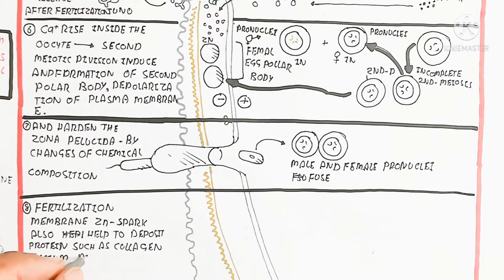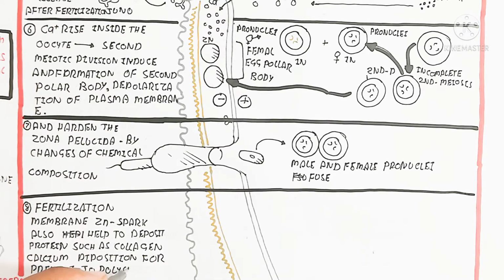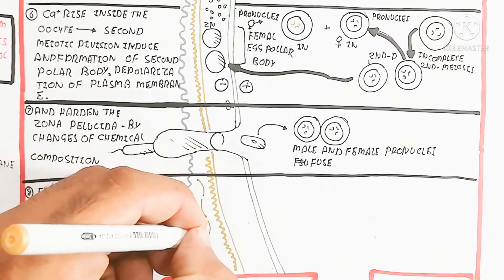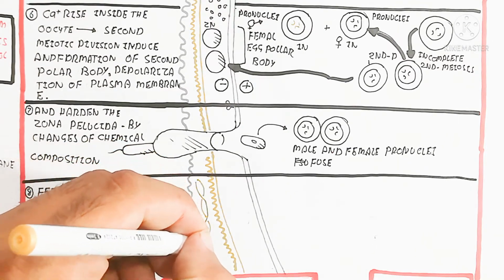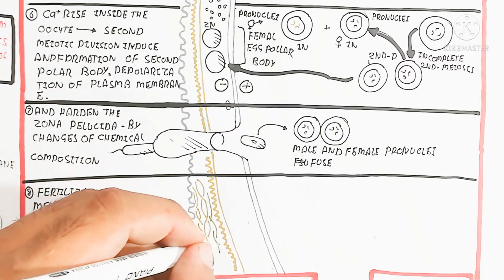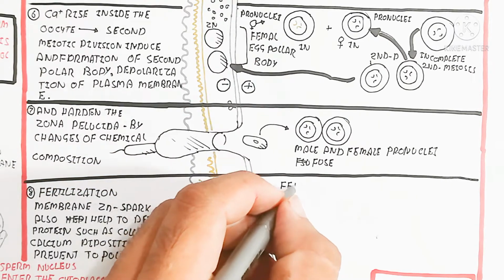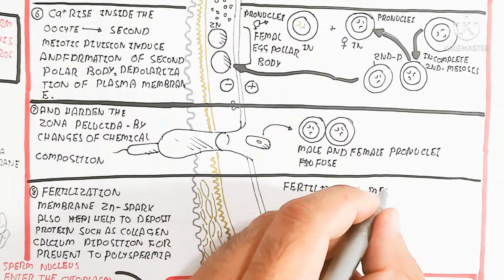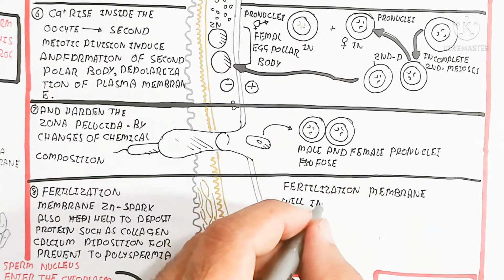The zinc spark also helps to deposit proteins such as collagen, and calcium deposition, to prevent polyspermy. So it means the zinc spark is important for the deposition of collagen in the zona pellucida for the hardening of the zona pellucida.